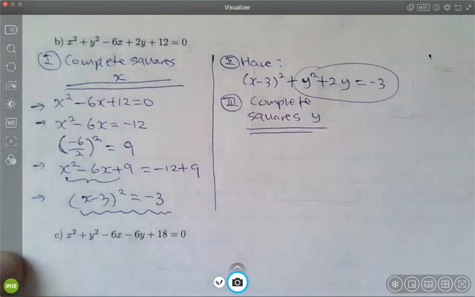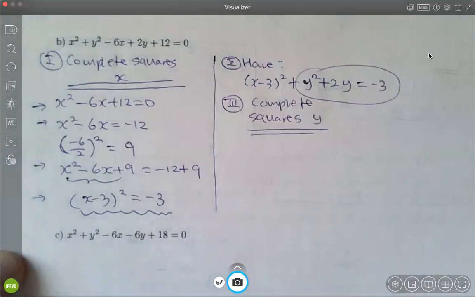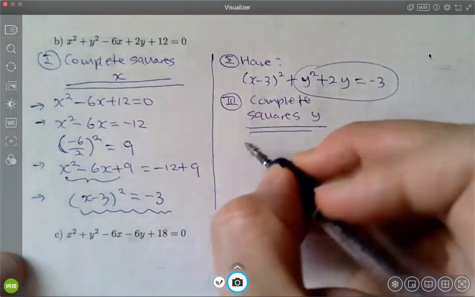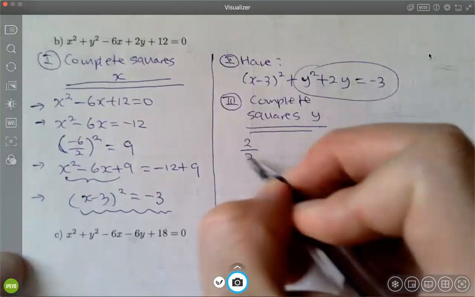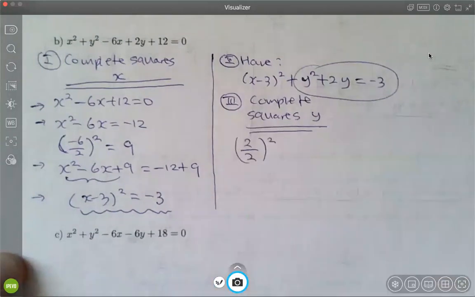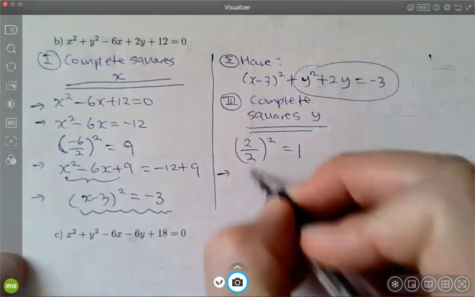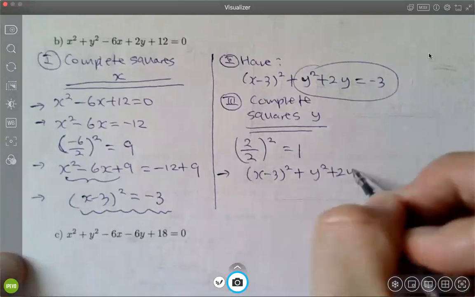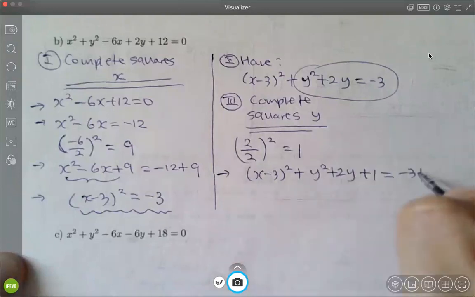Here we don't need to move -3 to the left, so leave -3 as it is. And then what do we do? Divide 2 by 2 and then square it. And that's equal to 1, right? So x minus 3 squared plus y squared plus 2y plus 1 is equal to -3 plus 1.